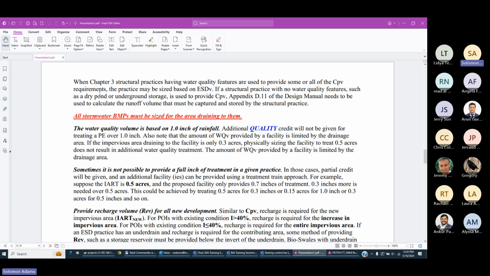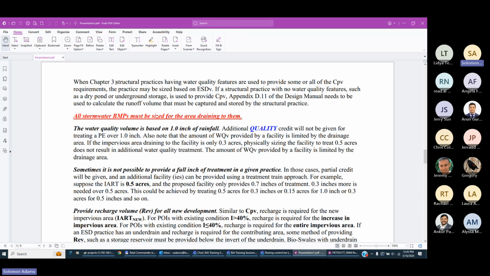So I think we did one project, I think it's MD 736, where we used a structural practice. Structural practice means it is not an ESD practice, not a micro-scale practice.